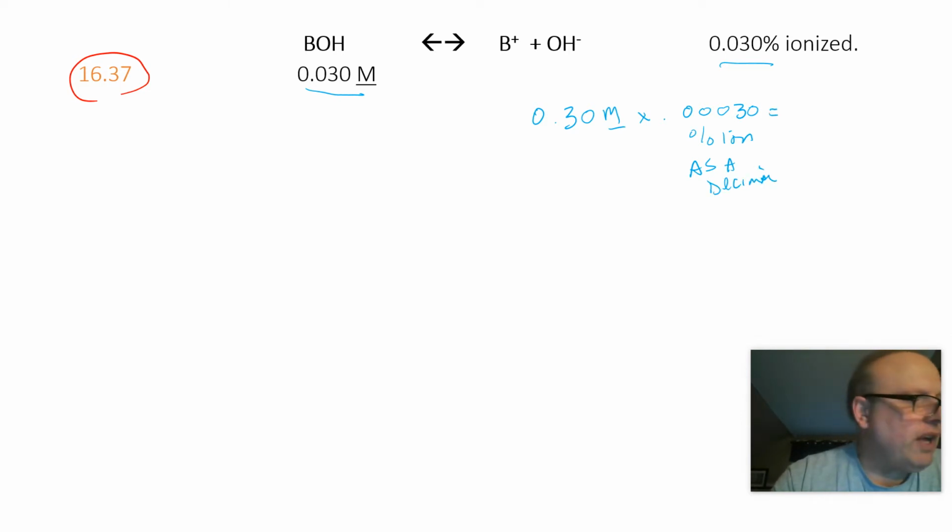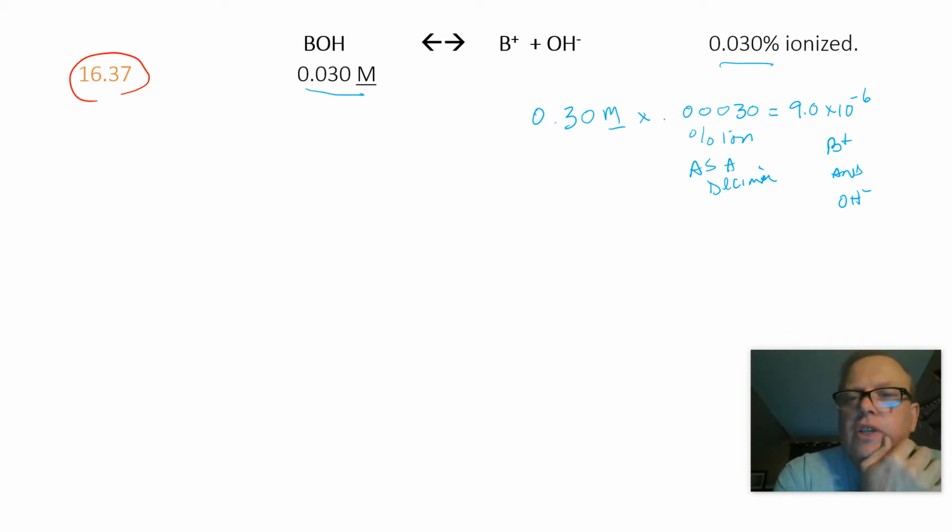And I got this value of 9.0 times 10 to the negative 6. And this is going to be two things. It's going to be the B plus, and it's also going to be the hydroxide. So it's going to be how much of each of these things we have.